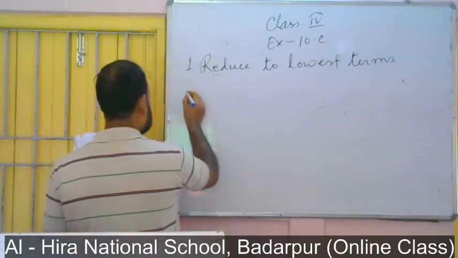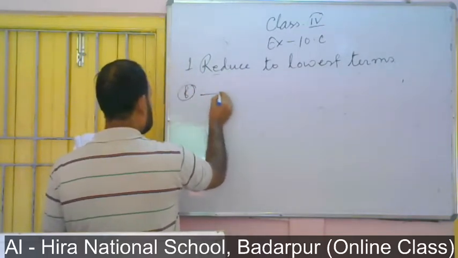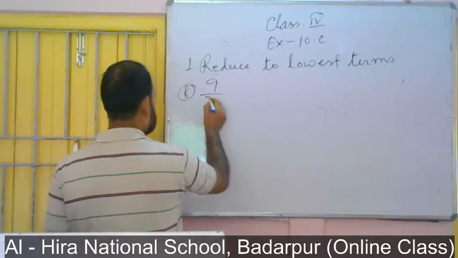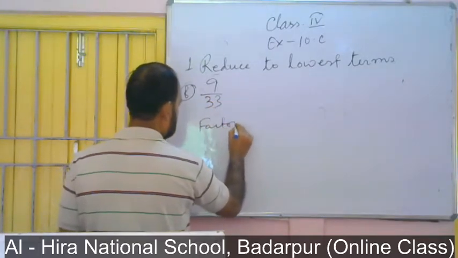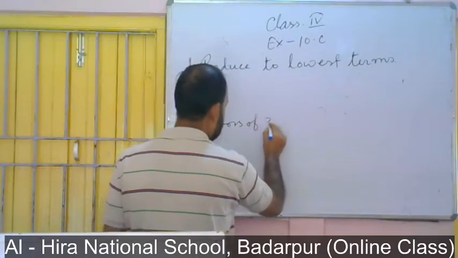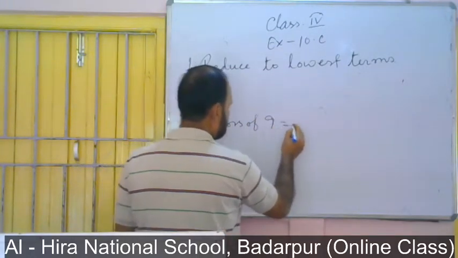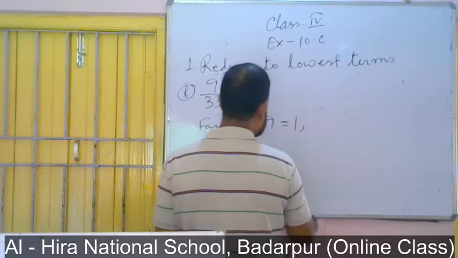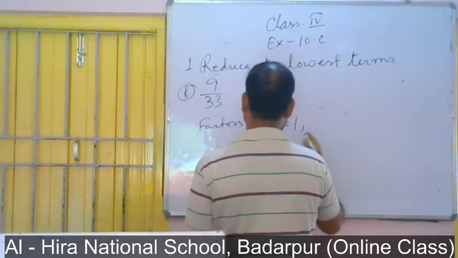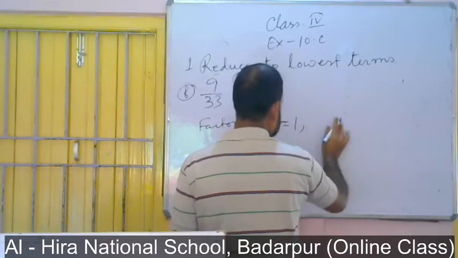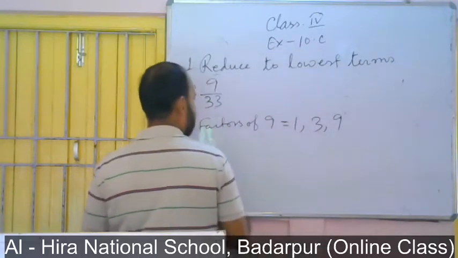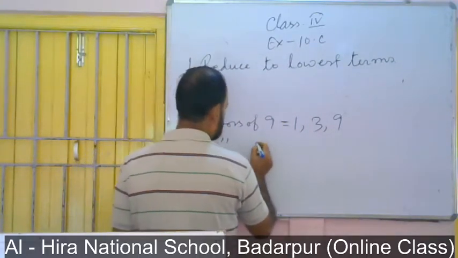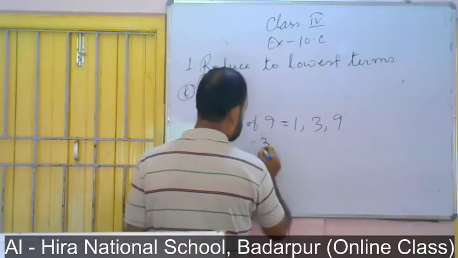Question number F, 9 by 33. So the factors of 9 equal: 1 is the common factor, 9 times 1 is 9, 3 times 3 is 9, and 9. Next, factors of 33.